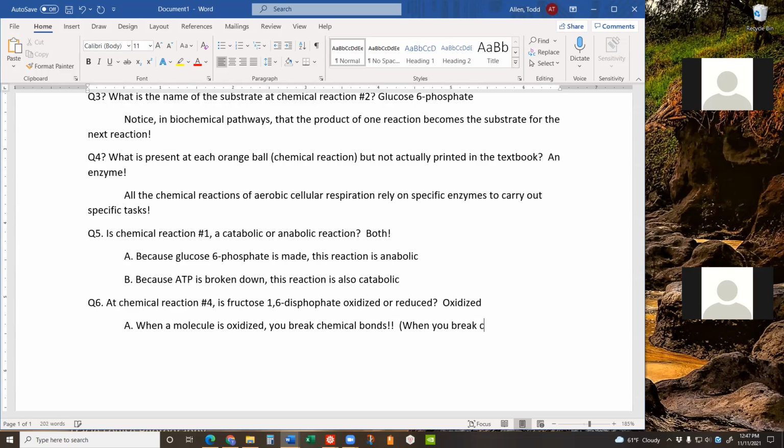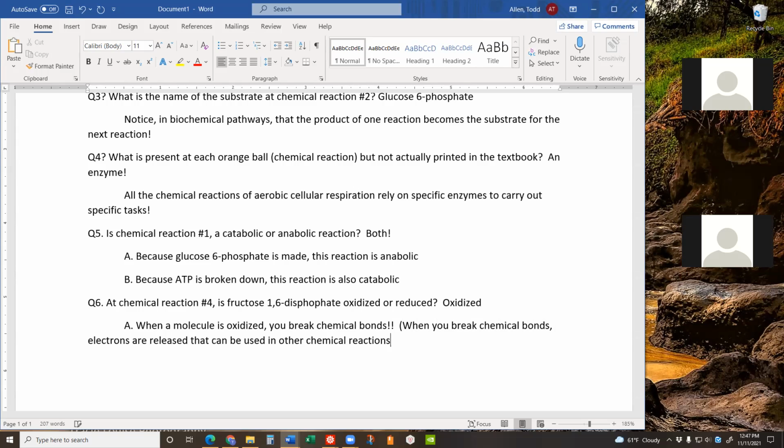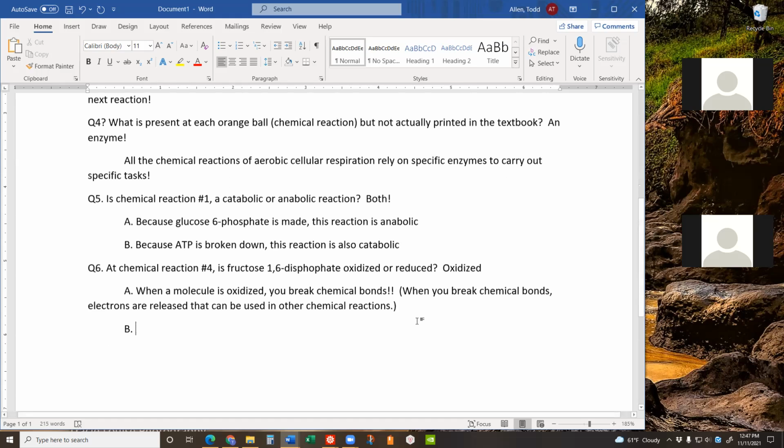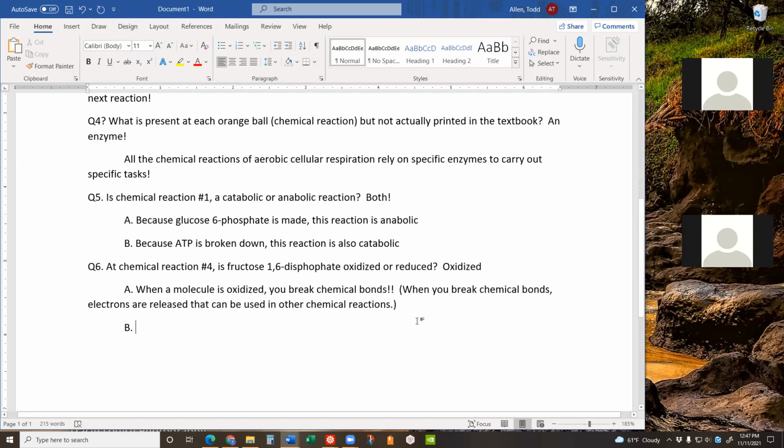When you break chemical bonds, electrons are released that can be used in other chemical reactions. Now, when a molecule is reduced, you actually create a chemical bond.